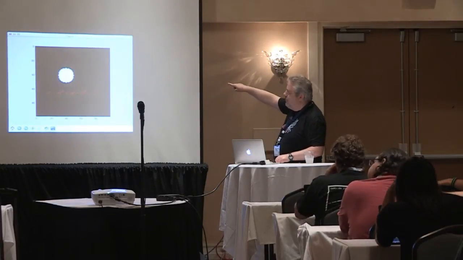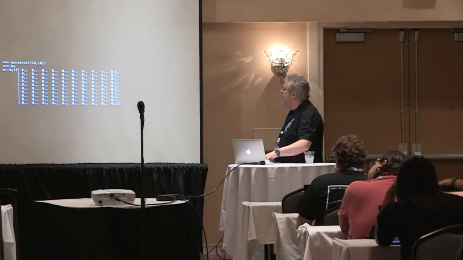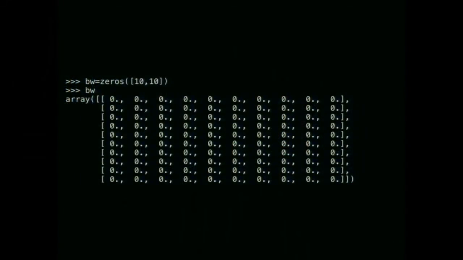That's a 100 by 100 grid, but I'm going to work with just a 10 by 10 grid for the example. So we'll go step by step through how this all works. A lot of these are really common idioms, at least in MATLAB, that we use every day. First, I'm going to make a black and white image, so I'm calling it BW.